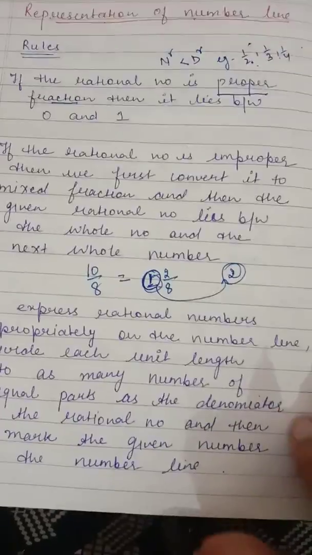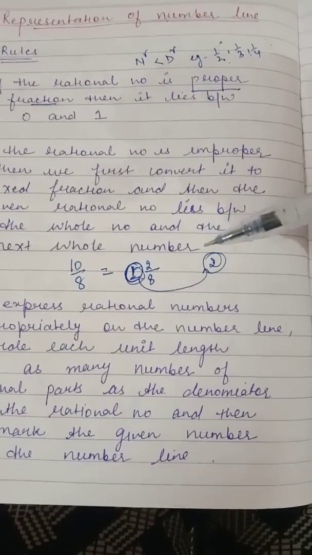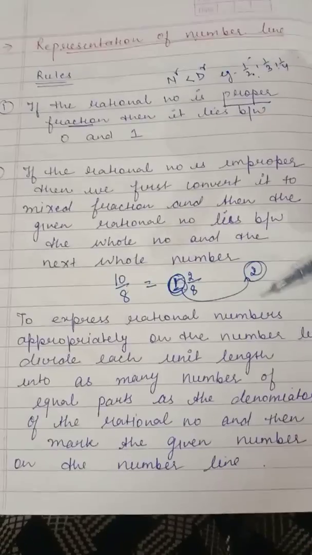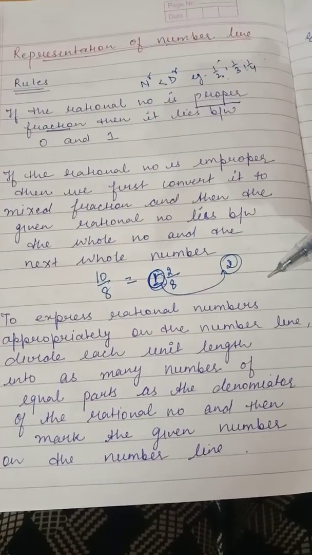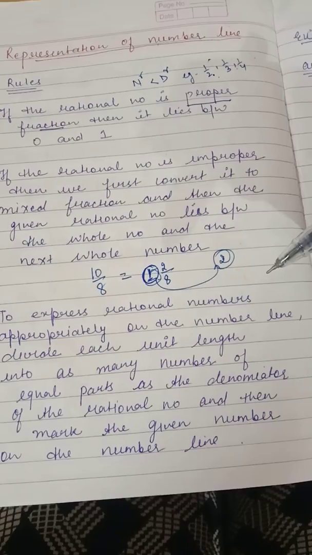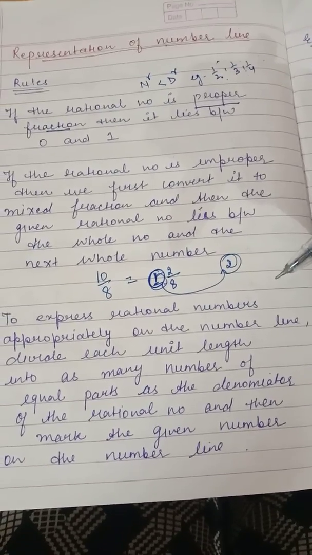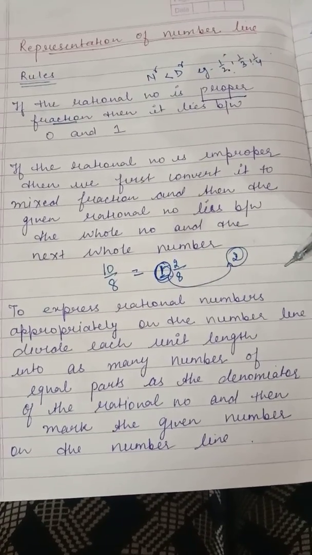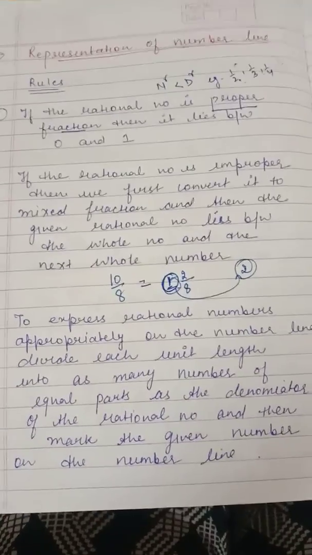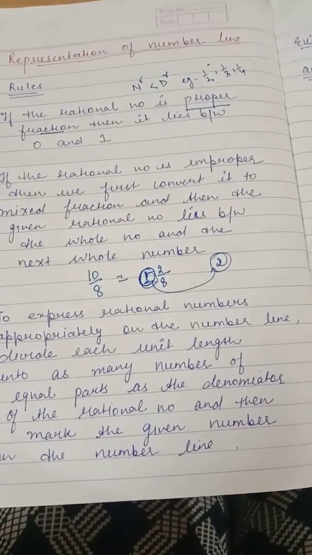So the next thing that we will see, to express a rational number appropriately on the number line, divide each unit length into as many equal parts as the denominator of the rational number and then mark the given number on the number line. Means हमें denominator को देख के उसको इतने equal parts में number line को क्या करना है?